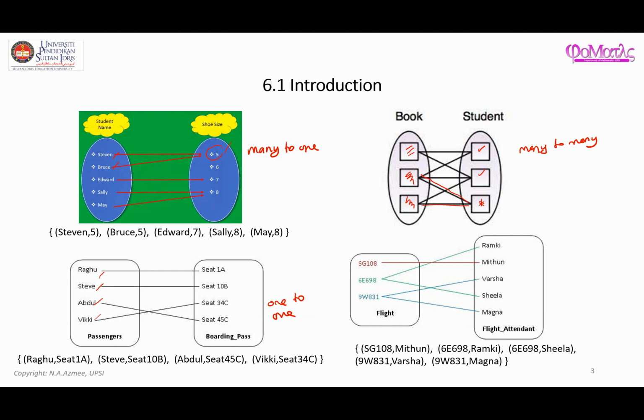And finally, this is an example of one to many. So one particular flight can have many attendants, flight attendants. So in this case, this flight have two flight attendants, Ramki and Sheila. Okay, next.